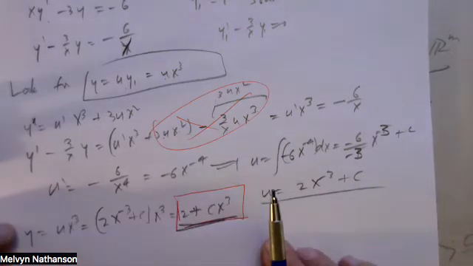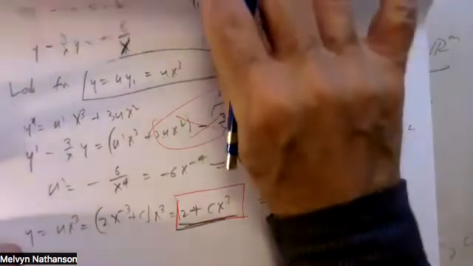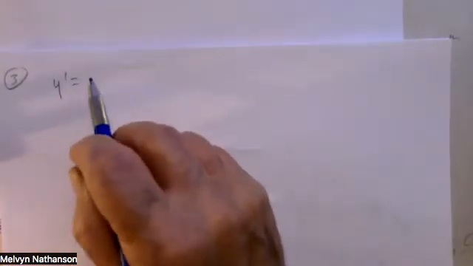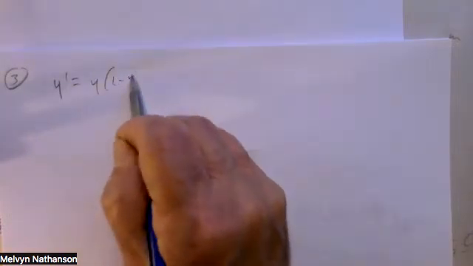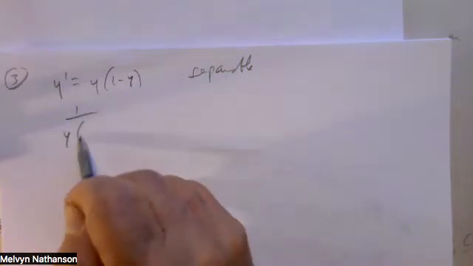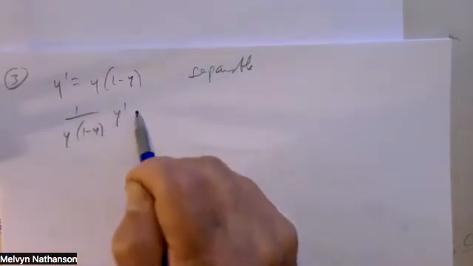All right. Number 3 is a nonlinear differential equation of the first order. Problem number 3 is y prime equals y times 1 minus y. And this equation is separable. 1 over y times 1 minus y times y prime equals 1.